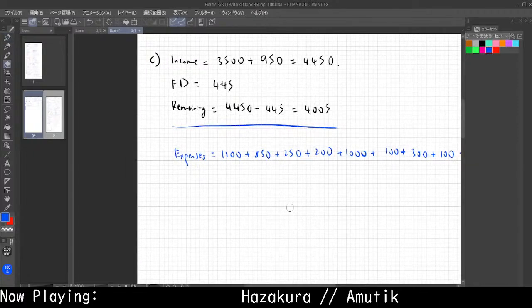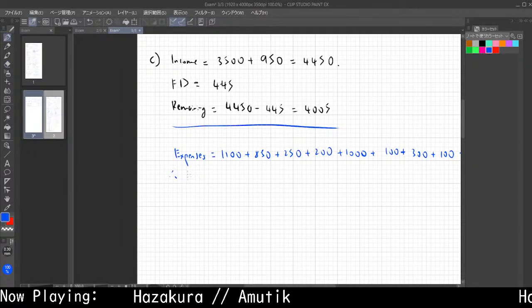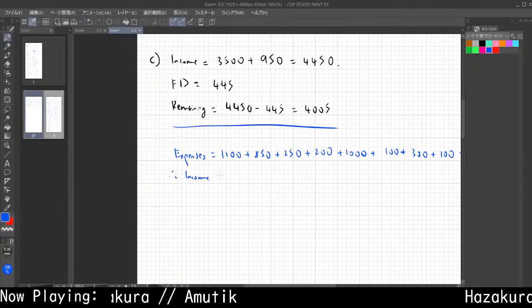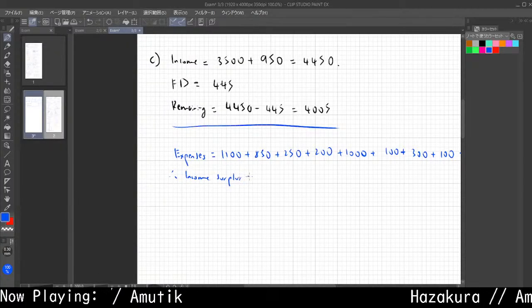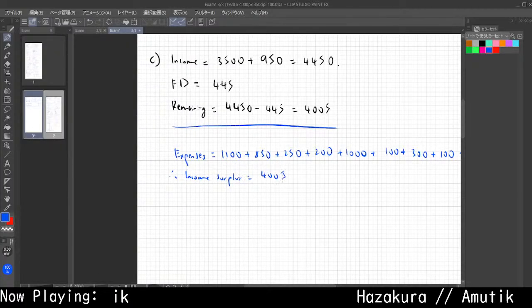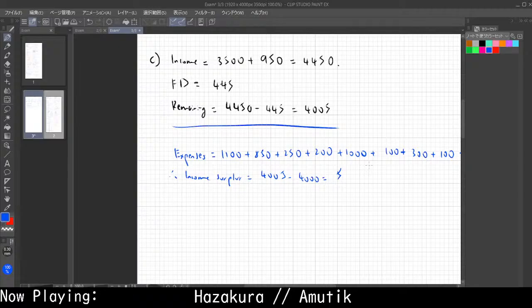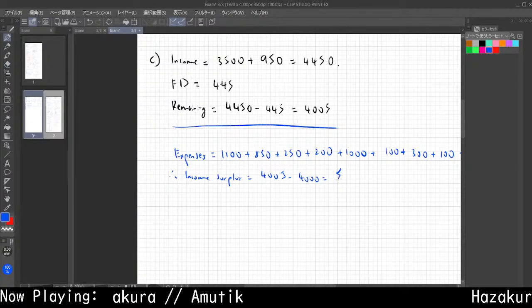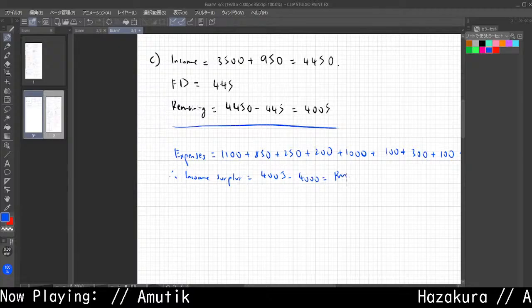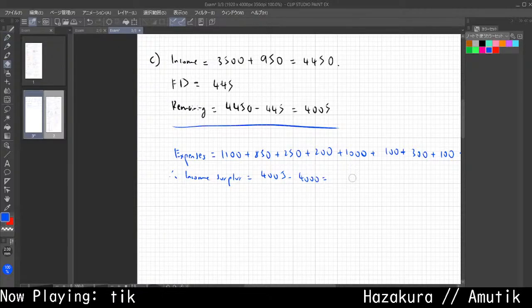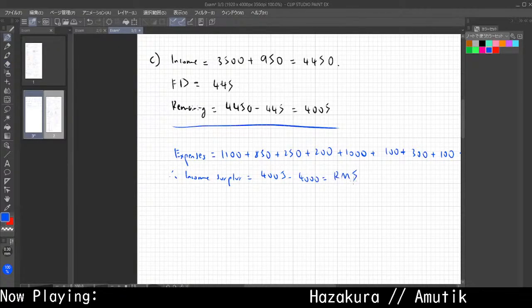So which means at the end her income surplus, which is basically her remaining amount, is 4,005 minus 4,000. So she actually only has 5 ringgit for herself. What is this? I don't know. She only has 5 ringgit for herself. This is a very weird lifestyle to have.